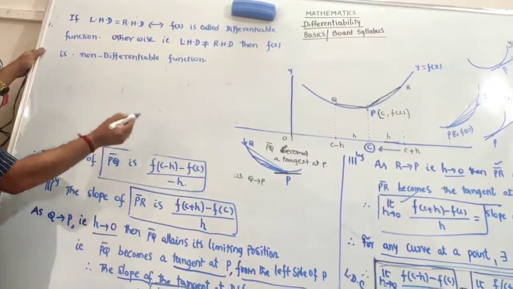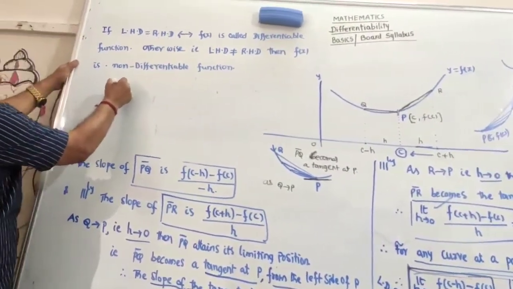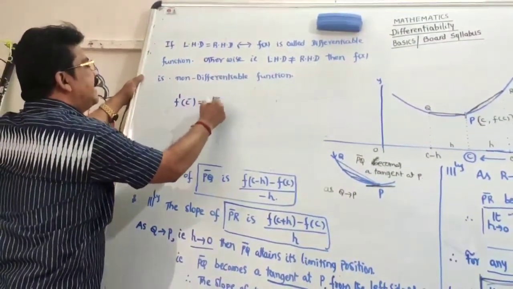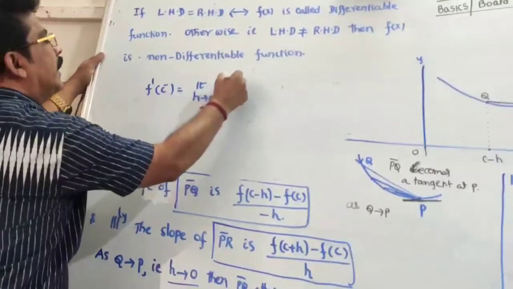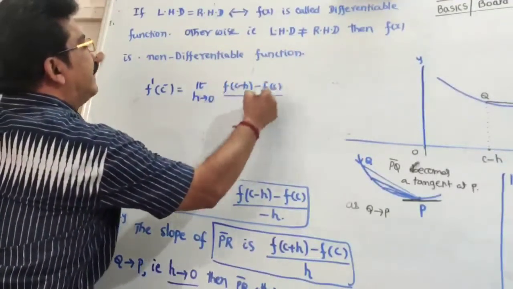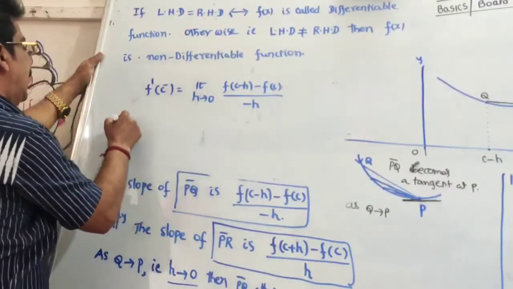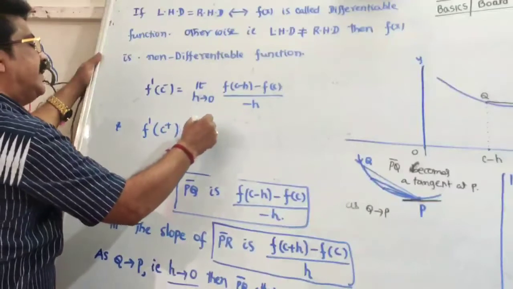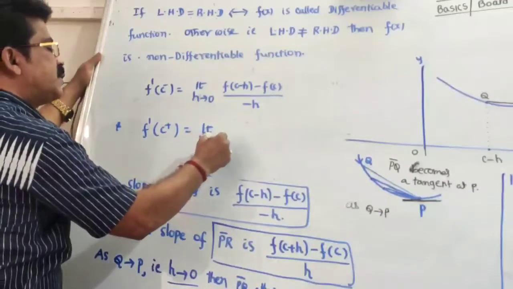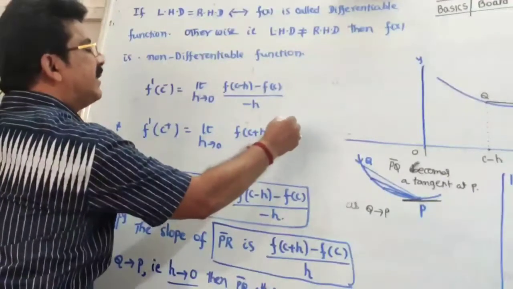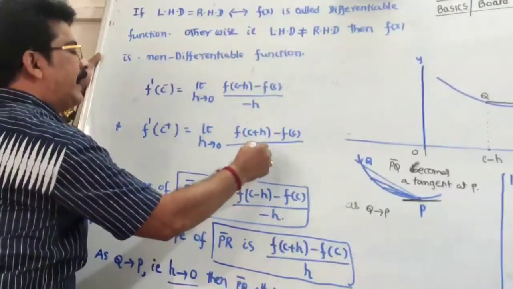Actually here we said f dash of C minus means limit h tends to 0, f of C minus h minus f of C divided by minus h, and we said f dash of C plus is equal to limit h tends to 0, f of C plus h minus f of C divided by h.